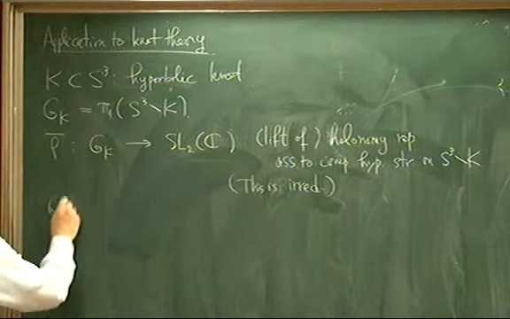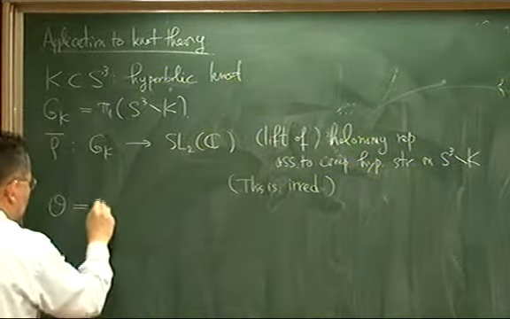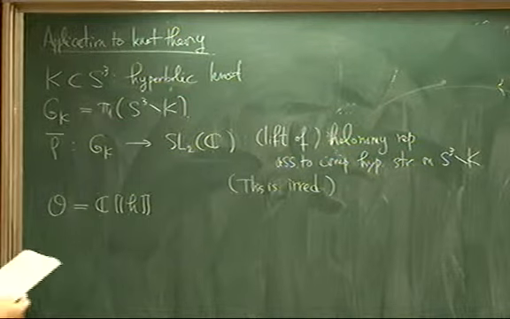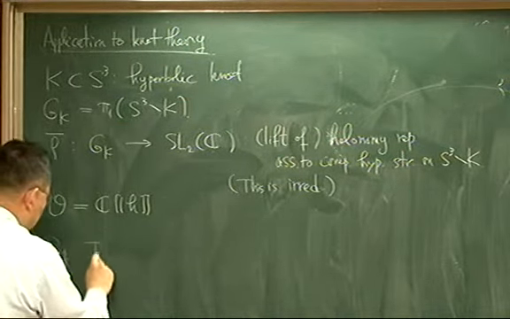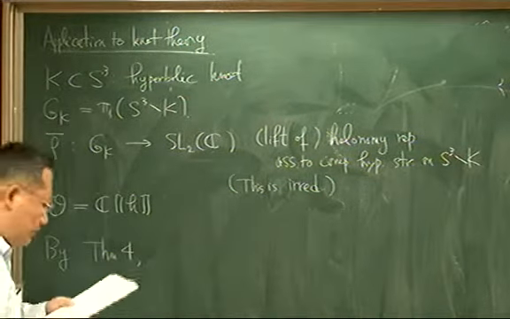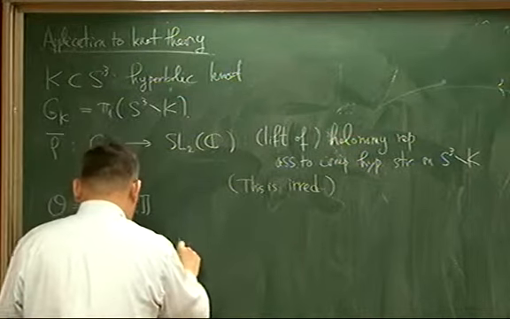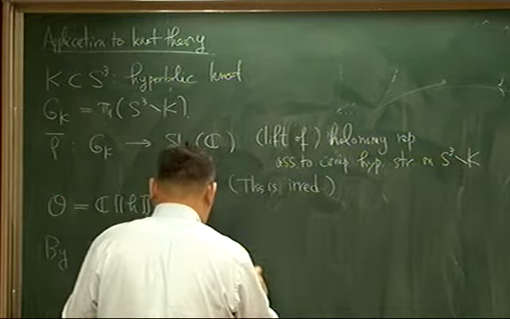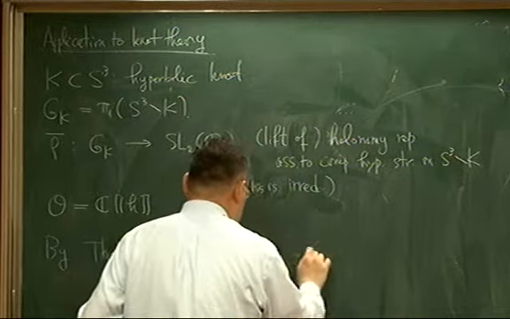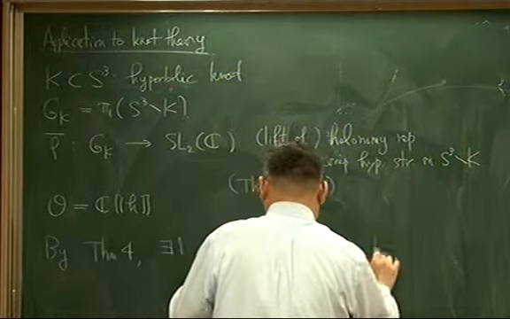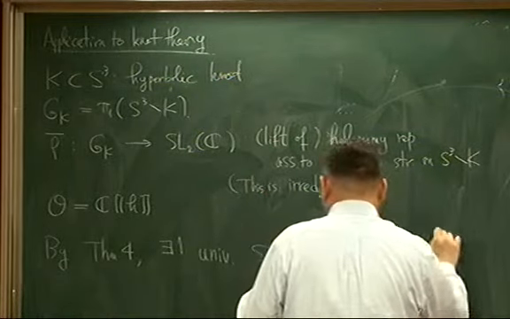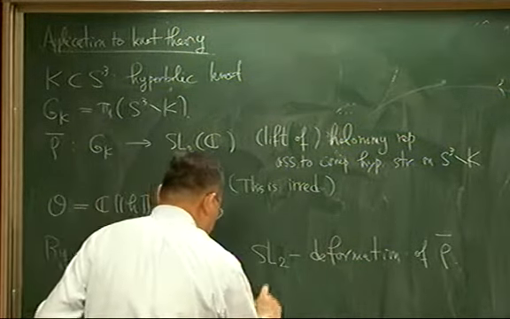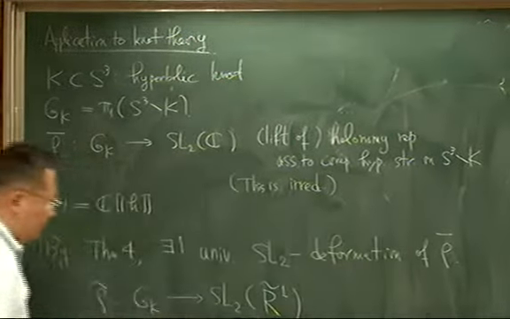Okay. So now, for this case, we take F to be the complex numbers, so O is a formal power series ring in one variable over C. Then by our theorem 4, there exists, uniquely up to strict equivalence class, a universal SL2 deformation of rho bar, say rho tilde: G_K to SL2(R tilde_1), with that notation.